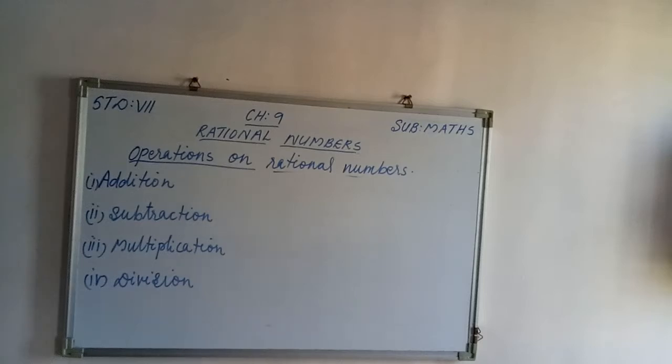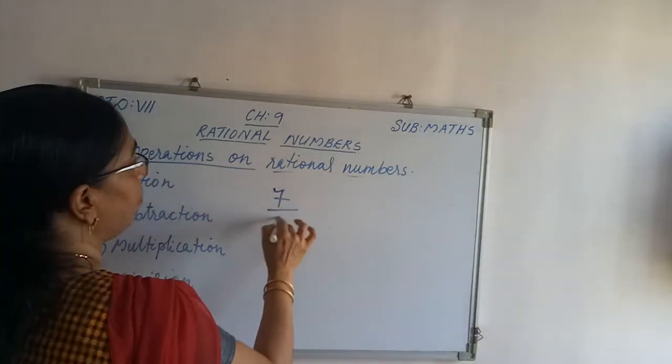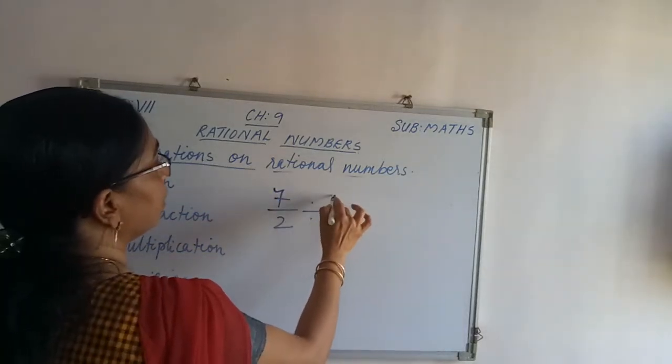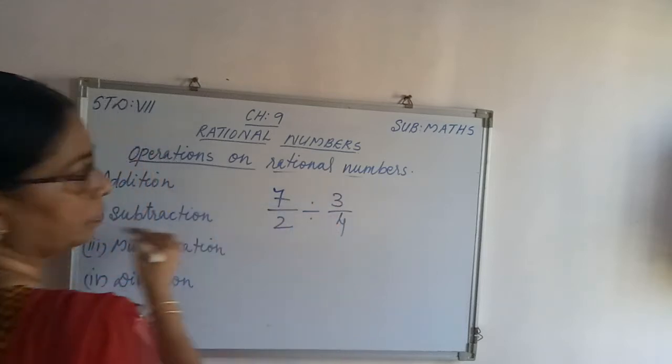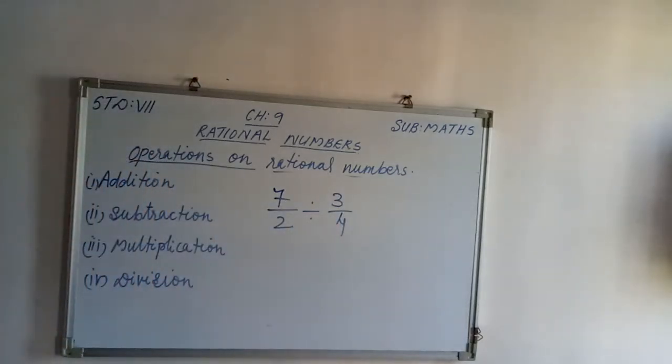To divide one rational number by another non-zero rational number, we multiply the rational number by the reciprocal of the other. That means for division. For example, 7/2 divided by 3/4.